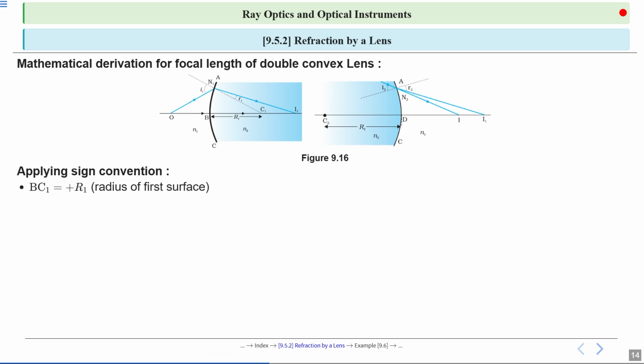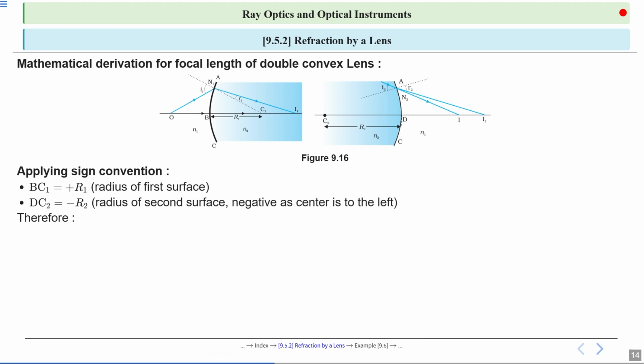So BC1 is equal to positive R1, the radius of the first surface. For DC2, incident light is coming from left to right, and we are measuring this distance from D towards C2, so it will be taken as negative. So DC2 is minus R2, the radius of the second surface, negative as the center is to the left.